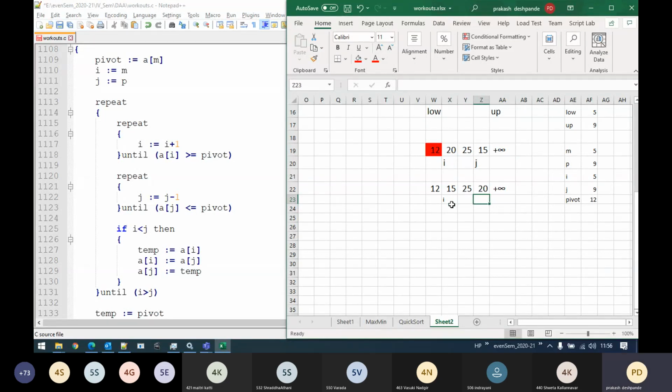This is i, this is j. Now again, we need to increment i and decrement j, correct? Now, can you tell me where this i will stop and where this j will stop? At 25, i will stop. Look again.